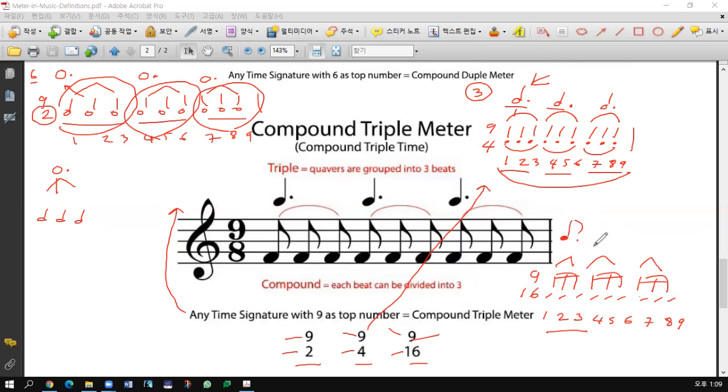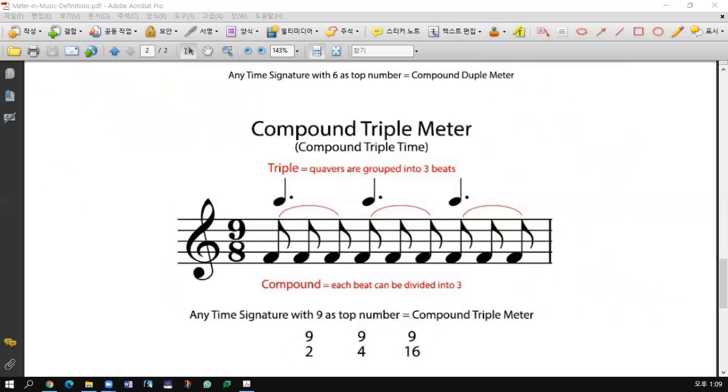A dotted eighth note, right? So a dotted eighth note, like that. So each beat can be divided into 3. So this is compound triple meter. I hope you understood. All right, so let's move on.